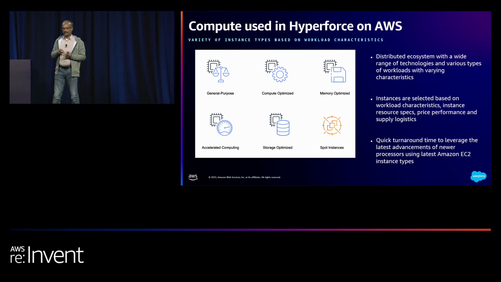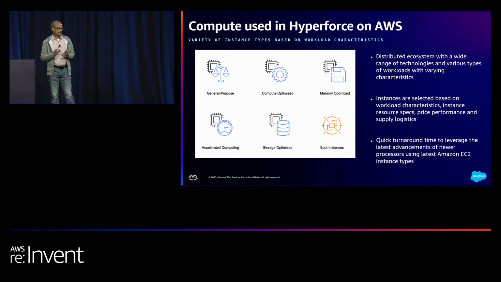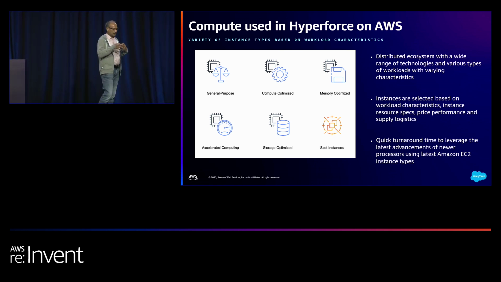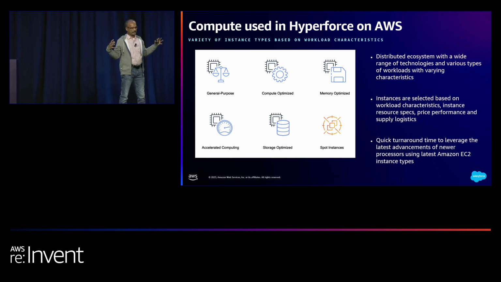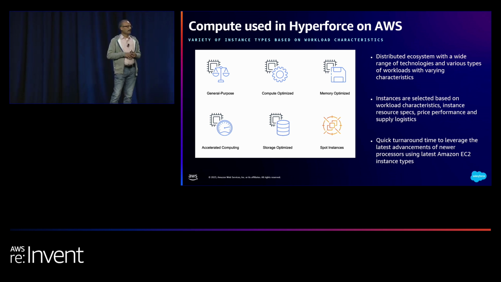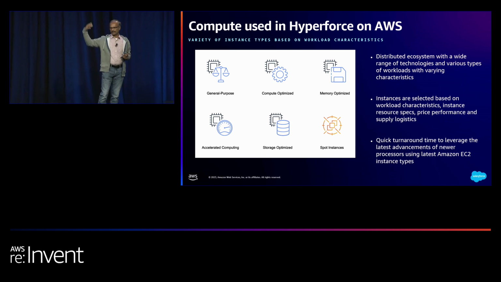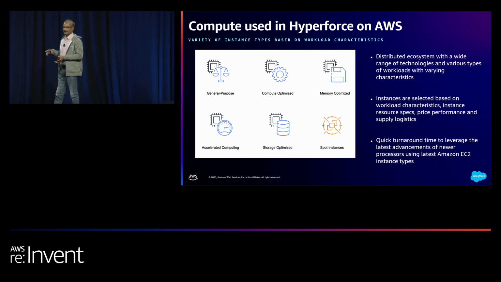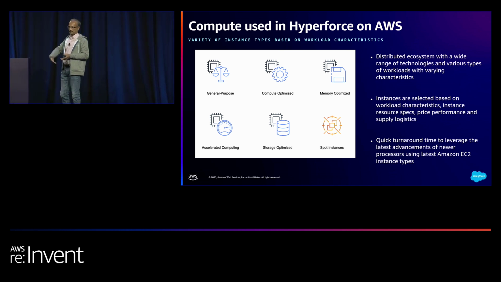Then the other one is we look at something called an instance recommender tool, where we point it to our production systems or our pre-production systems where we have all kinds of workloads mixed together. The instance recommender runs through all the different types of instances that we pick as a subset, and then it gives us a list of recommendations.